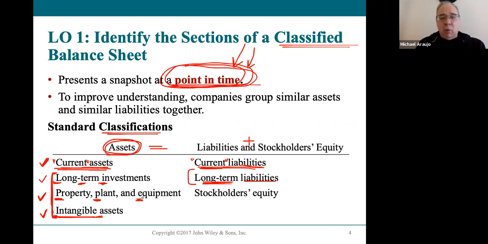So the fact that Walmart purchased stock in one of its suppliers and owns those shares of ownership isn't contributing to Walmart selling any goods, which is what Walmart does. That's their business, selling goods. They own it, but it's not directly related to them selling their goods. So that's what a long-term investment would be.